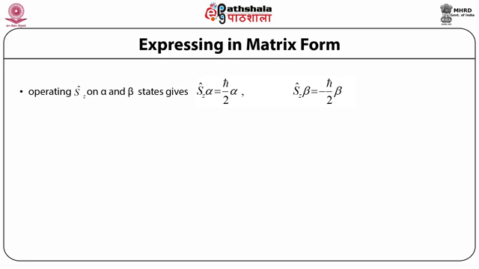So when the spin operator Sz acts on the spin up or the eigenstate alpha, it gives the value h cross by 2 alpha, where h cross by 2 is the eigenvalue and alpha is the corresponding eigenvector. Similarly, the z component of the spin operator acting on the eigenstate beta, that is the spin down state, gives minus h cross by 2 times beta, where minus h cross by 2 is the eigenvalue and beta is the corresponding eigenstate.